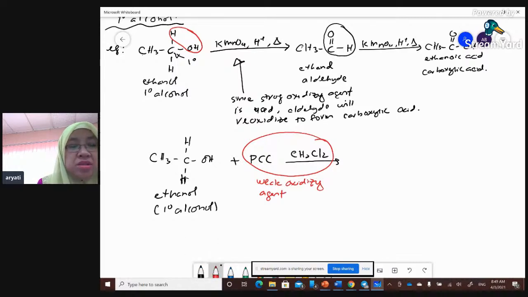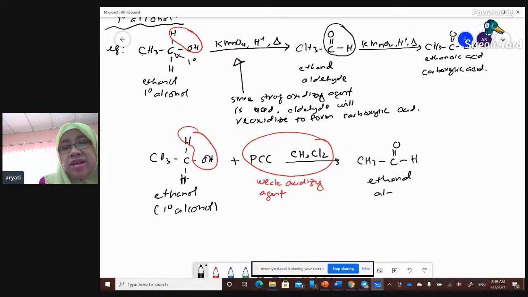So macam saya mention, oxidation dia mesti akan remove H2O and add oxygen, dia akan jadi CH3, C double bond O, H. Ini ialah ethanal. Ethanal is a type of aldehyde.